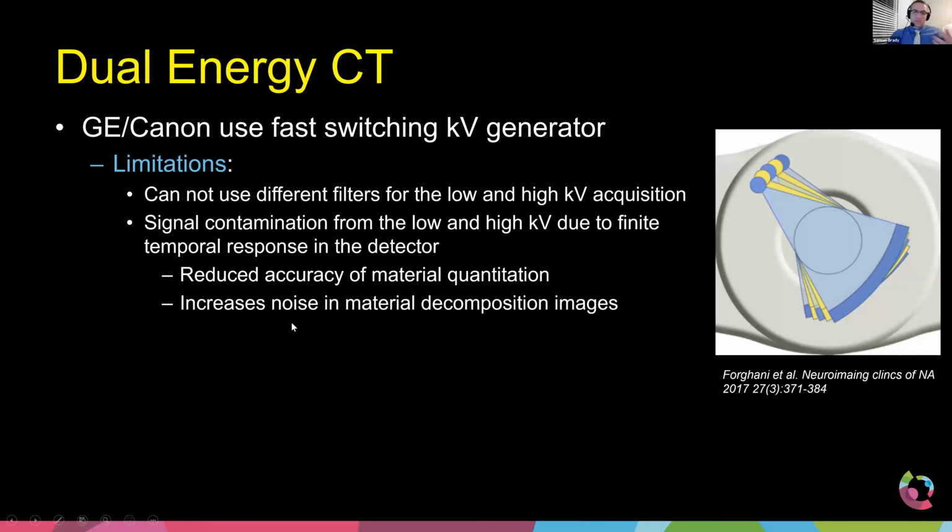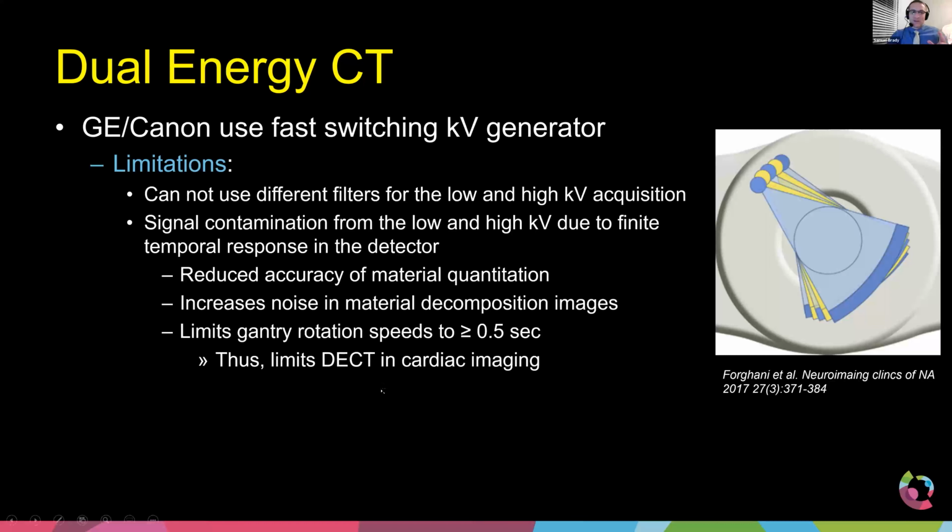And of course, there are going to be more noise issues in the calculation of this, just because as it spins around, it's doing its best to switch from one kV to the next, but it can't change both the kV and the mA at the same time.